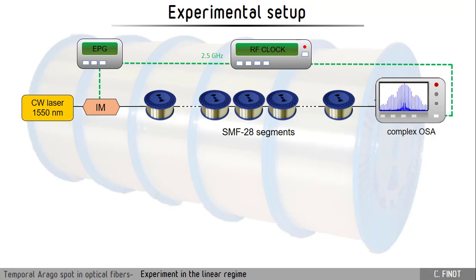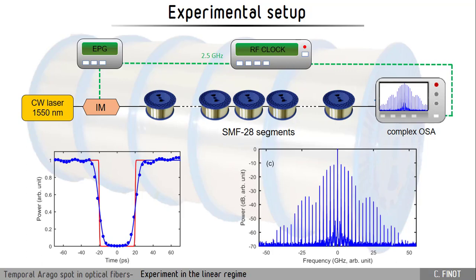And at the output, we were able to characterize the resulting signal both in intensity and in phase using a complex optical spectrum analyzer. So what was quite important here was the initial signal that we send.